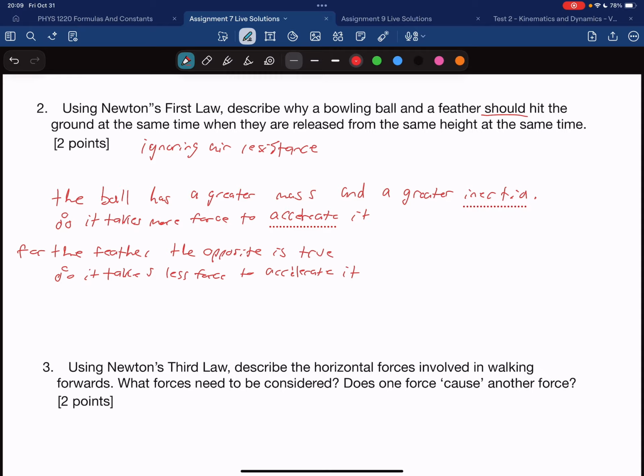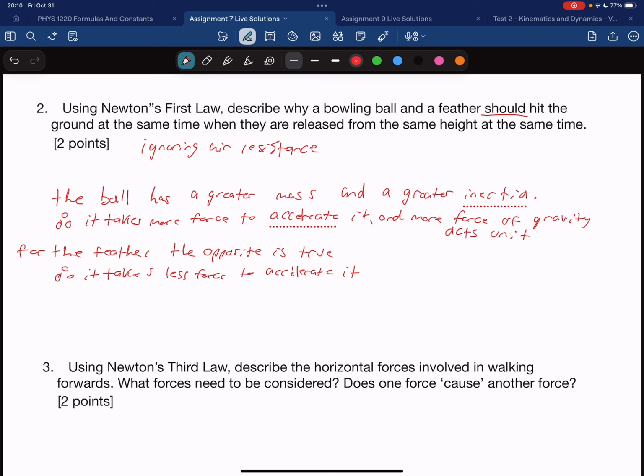Now, the last chunk is that for the ball, it takes more force to accelerate it, and more force of gravity acts on it.